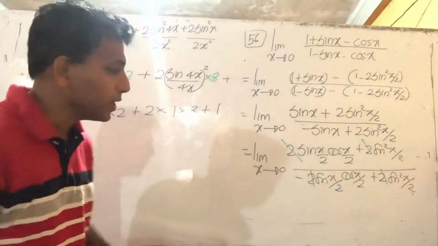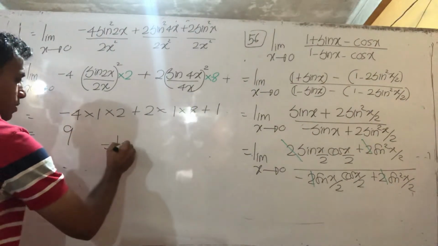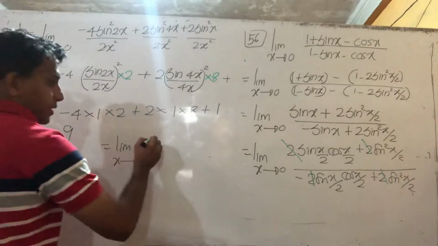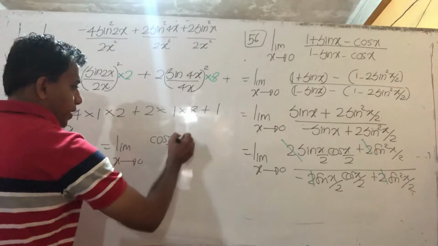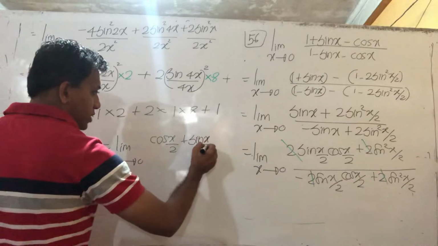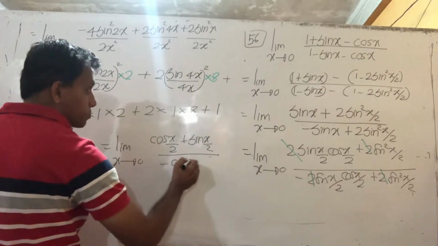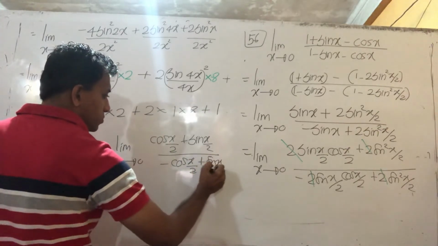Cut the sine x by 2, therefore they have limit x approaches 0. The remaining part is cos x by 2 plus another sine x by 2 there, and below, after cancelling one sine x by 2, minus cos x by 2 plus sine x by 2.